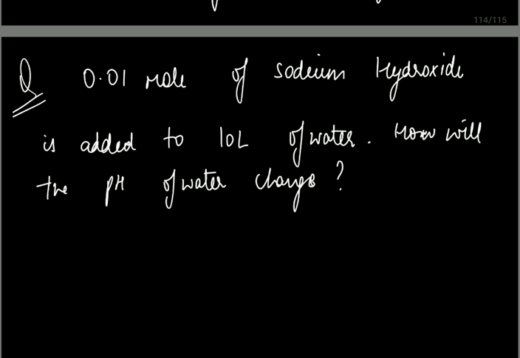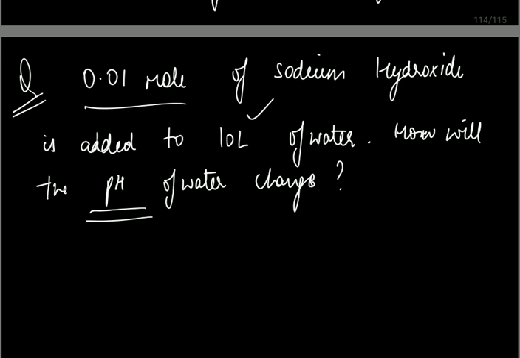Okay, coming back to this question again. 0.01 mole of sodium hydroxide is added to 10 liters of water. How will the pH of water change? Now, first thing, they have given moles. We'll try to calculate the concentration because we need concentration for pH, right? And they have given volume also, so why not, right? For pH we need the concentration, and they have given both the things for calculating concentration.